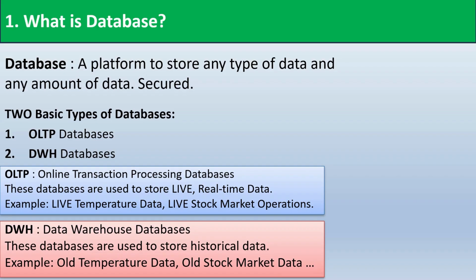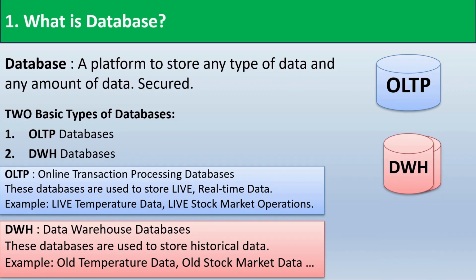Under these databases, we store historical data, old data, where we might not require data access daily. We require it once in a while. That type of data we store in data warehouses. In this Azure Data Engineering course, we will work with both OLTP databases and data warehouse databases.